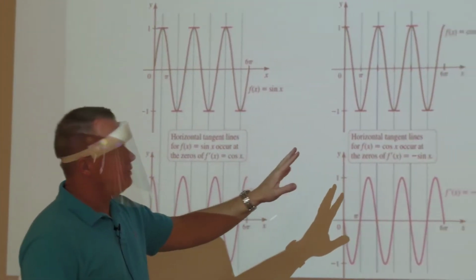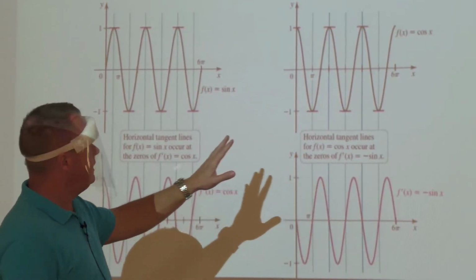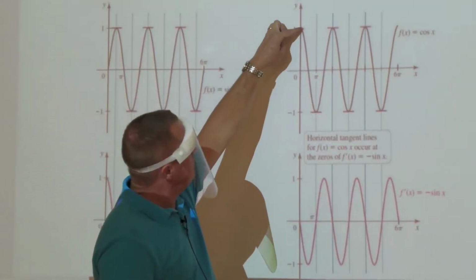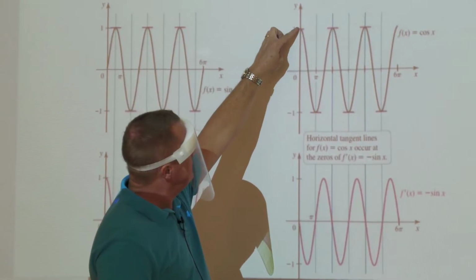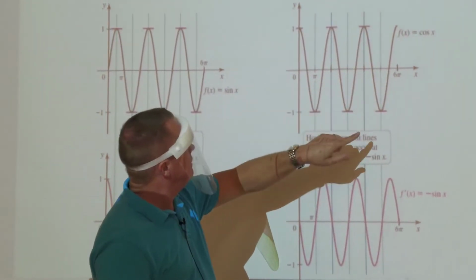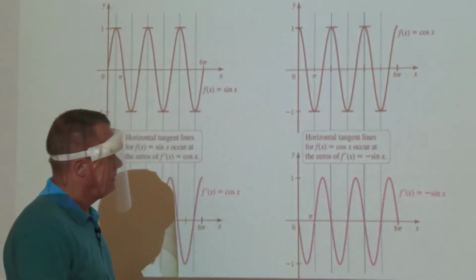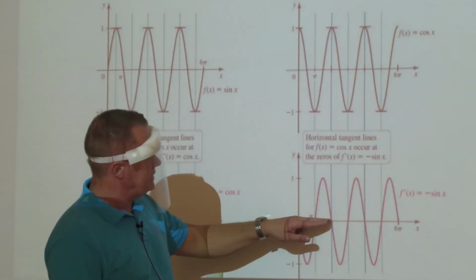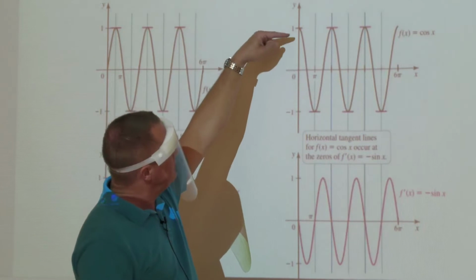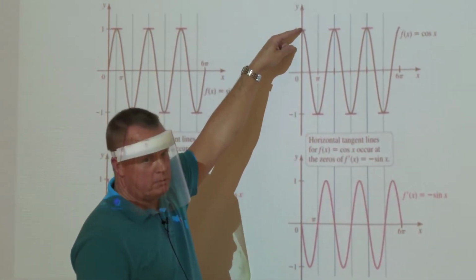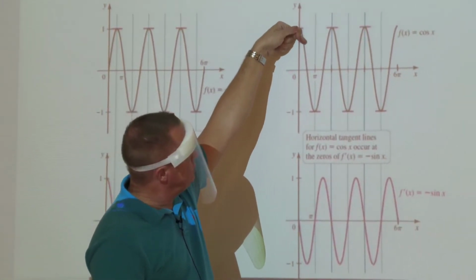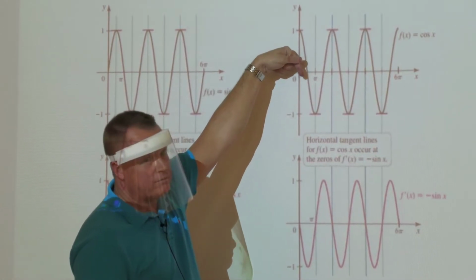Okay? You do the same thing with cosine. Your zeros, where it's horizontal, are at 0, pi, 2 pi, and so on and so forth. All right? So that's going to be where it crosses the x-axis. Notice here, cosine normally goes through the point (0, 1). As you start, your slope is negative.